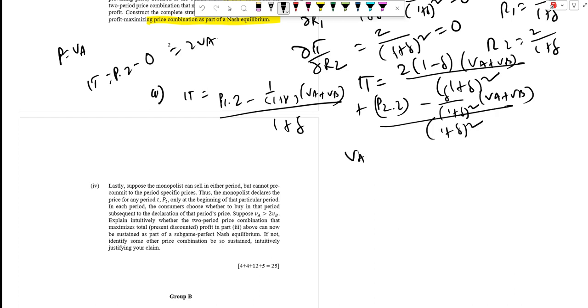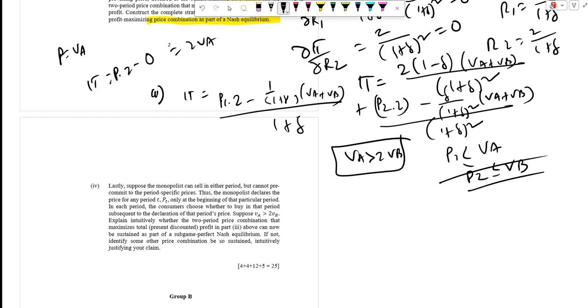So VA greater than 2 VB is given. So the monopolist will sell to consumer A in both periods if the prices are such that PB.